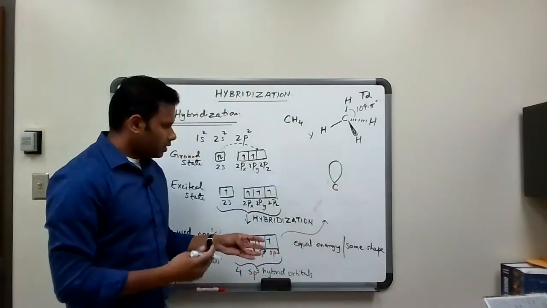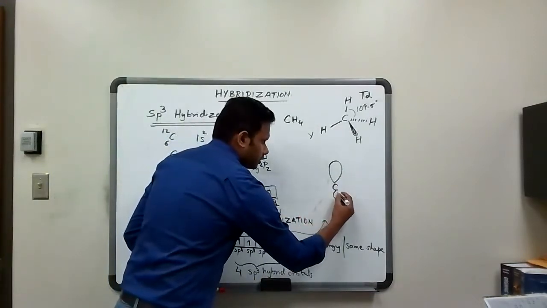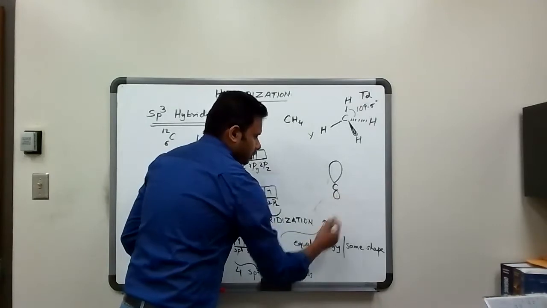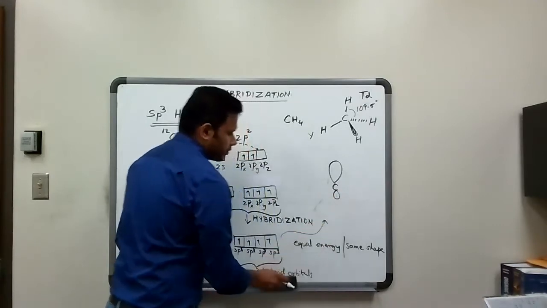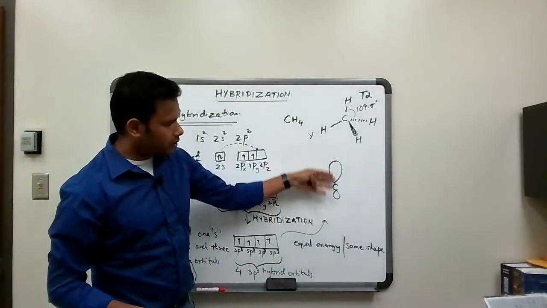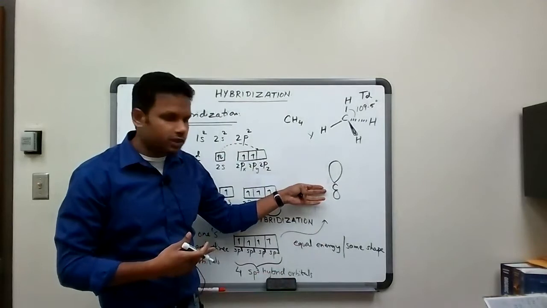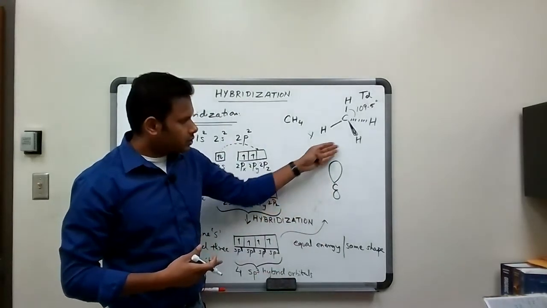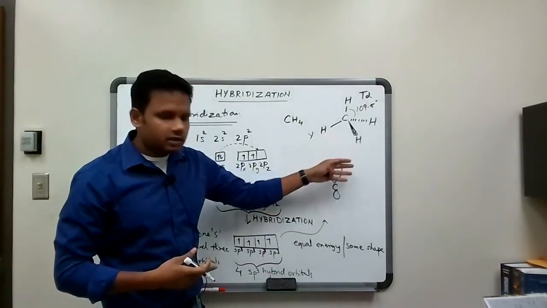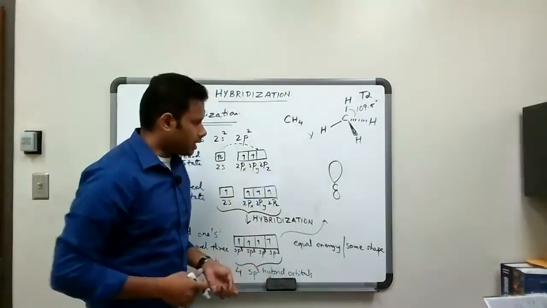It concentrates the electron density on one end. It looks like a p orbital, but it's not really dumbbell shaped. There's more electron density on one side than on the other side. So this makes for a better overlap, actually.